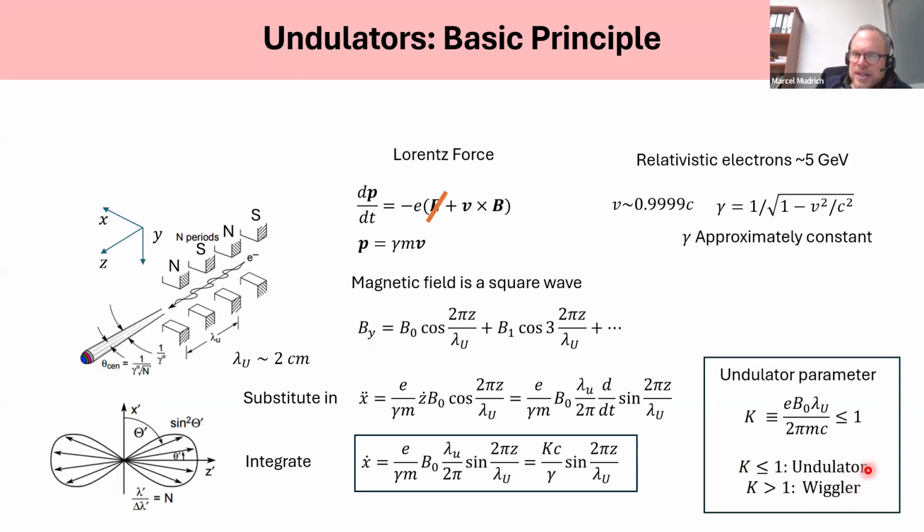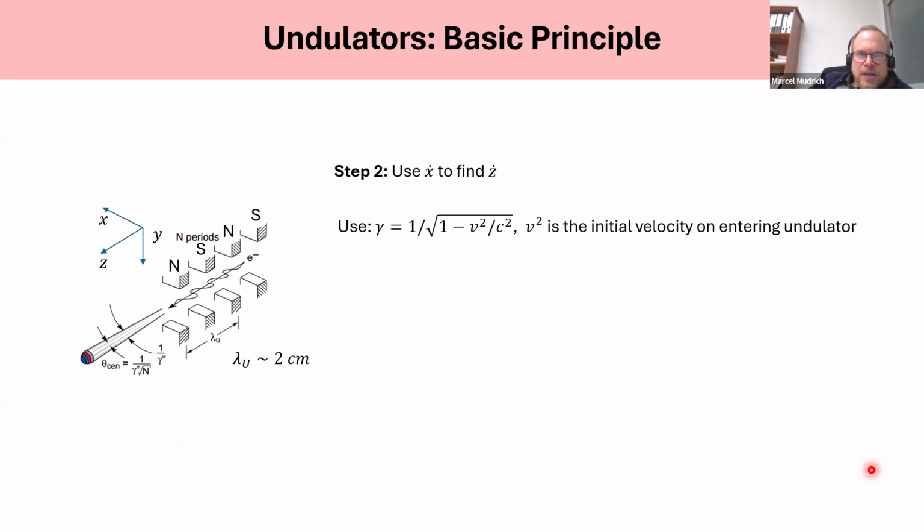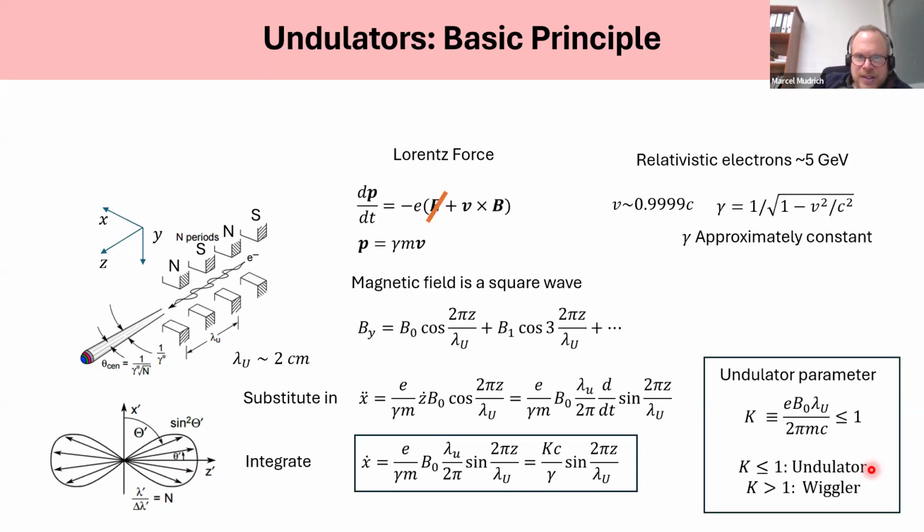But obviously the undulator is the more interesting device because there we have interference, we get this narrow band emission in first order, second order, and so on. Okay, so that was a derivation of the velocity of electrons in the transverse direction.